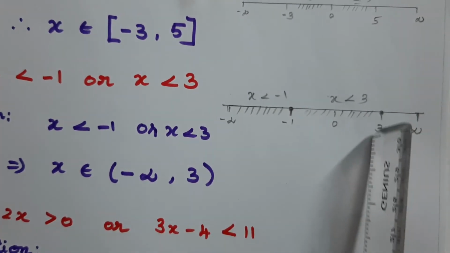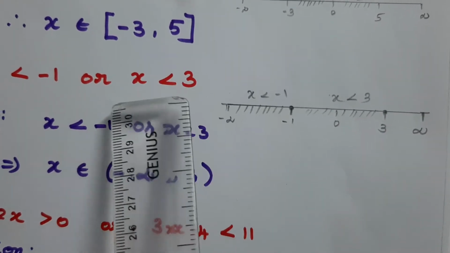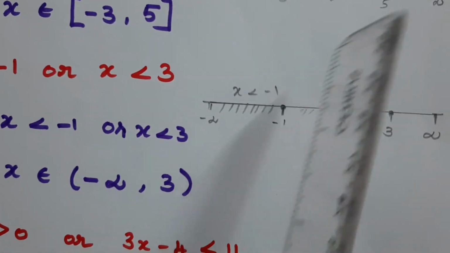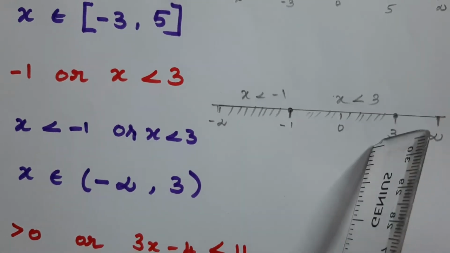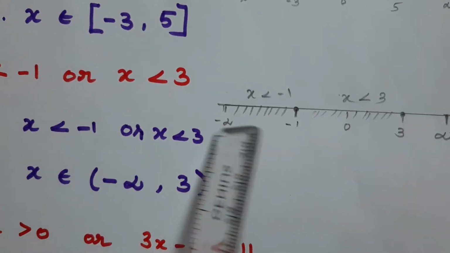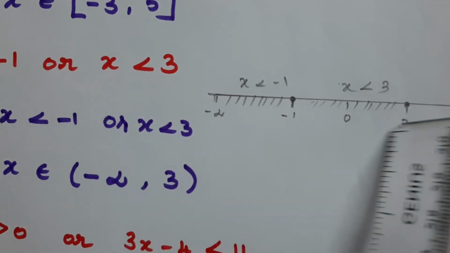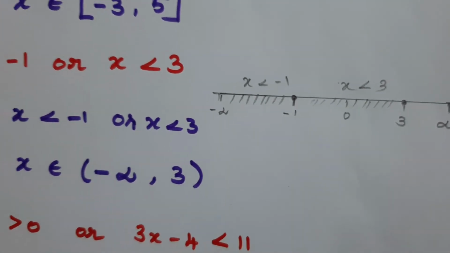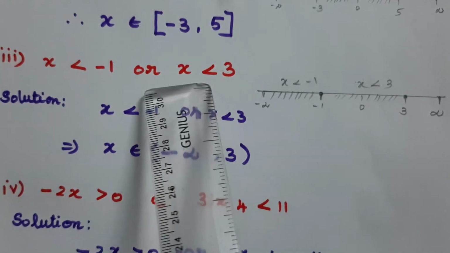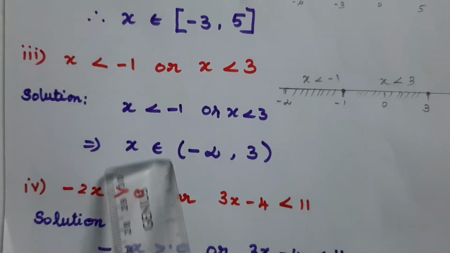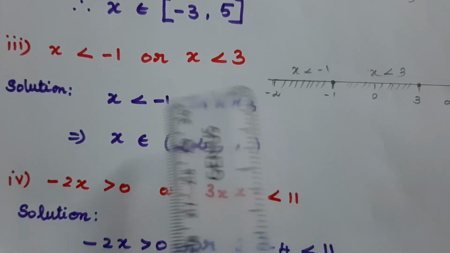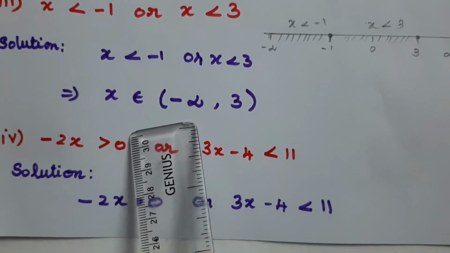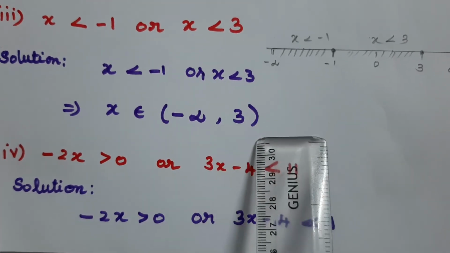And then 3, here we have the 3. What inequality is given here? Less than 3. Again less than 3 means it is on the left hand side. So, now your interval notation is nothing but from minus infinity to plus 3. Clear? And equal to sign is not given in the 3. So, you should write that within the open bracket. So, here your interval notation is nothing but x belongs to minus infinity to plus 3.